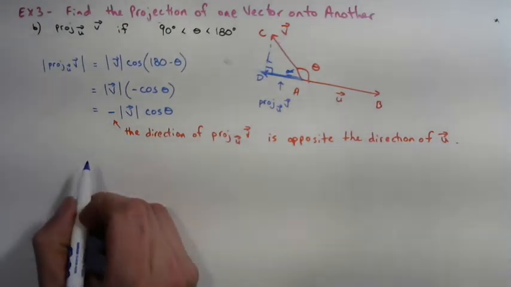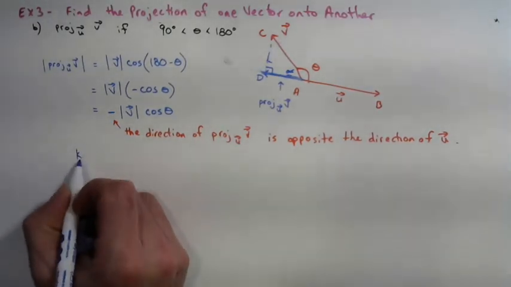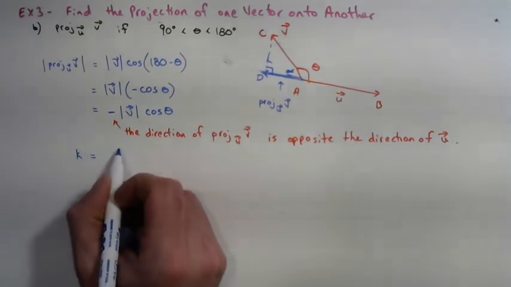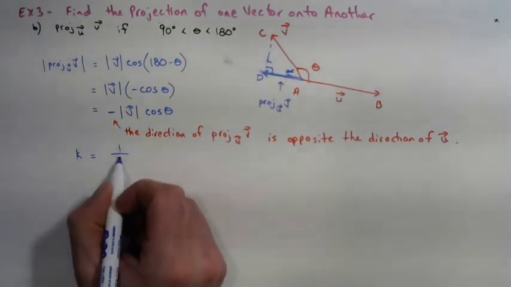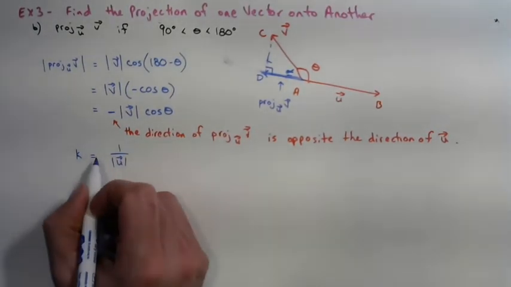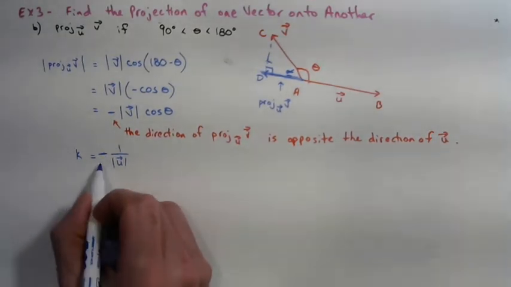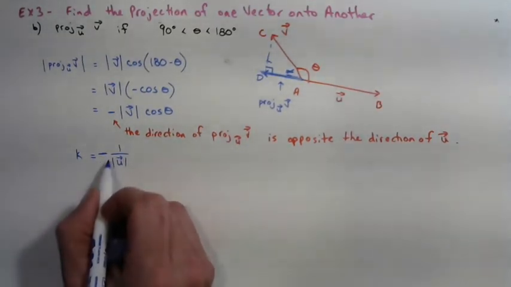So from part A, we found out that k is equal to 1 over the magnitude of vector u, but now we're going the opposite direction, so we're going to end up with negative that value.